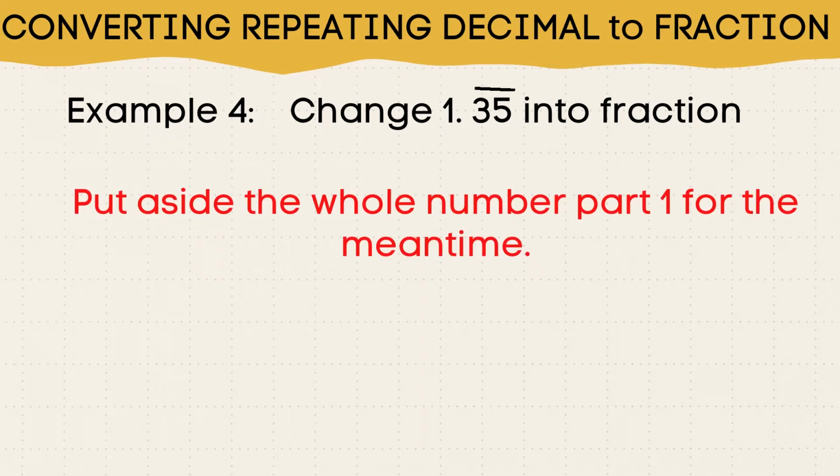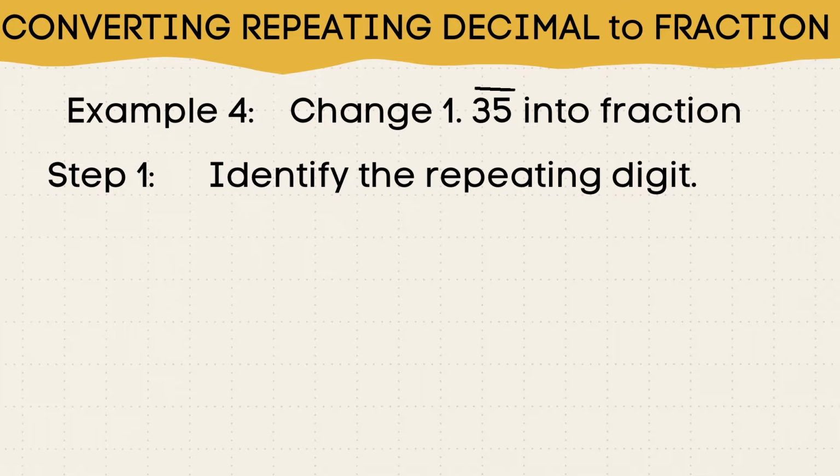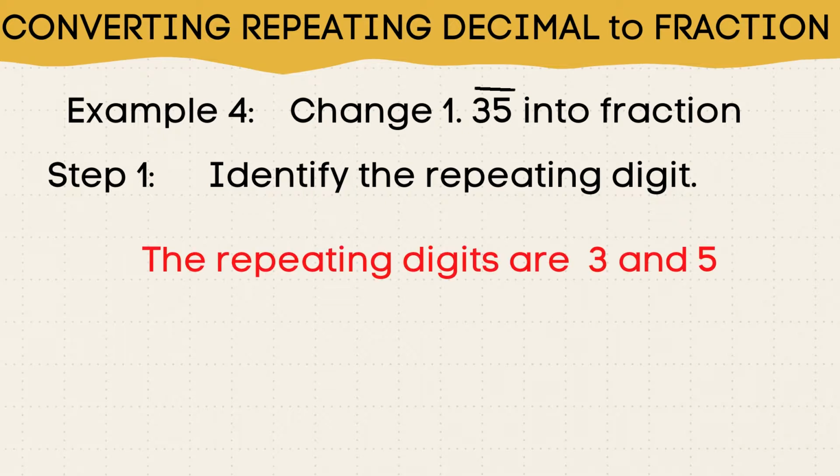So let's have step 1. But since we have the whole number part, we have to put aside the whole number part for the meantime. So we have example 4. Step 1, identify the repeating digits. The repeating digits are 3 and 5, the numbers under the bar sign.